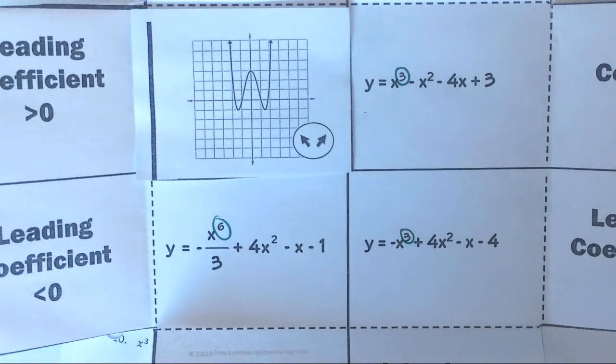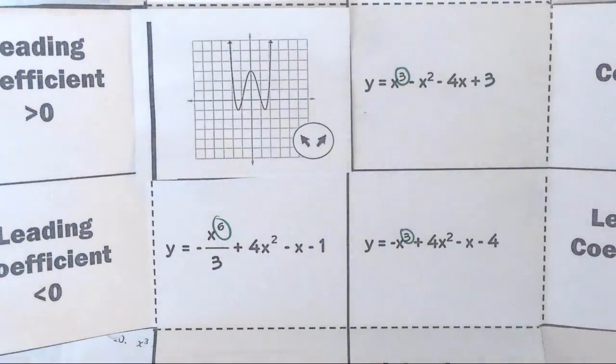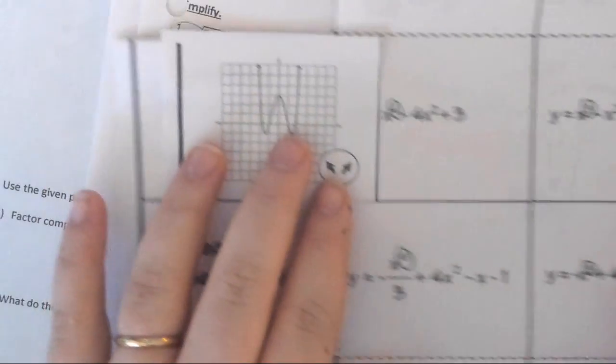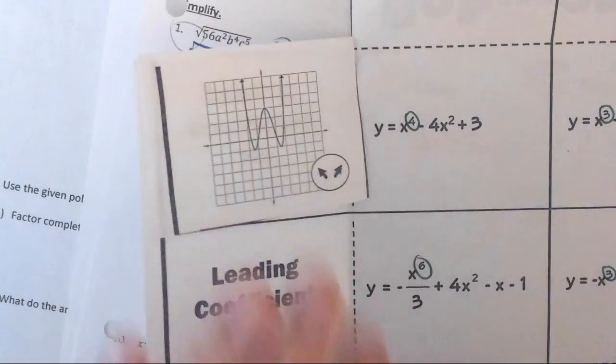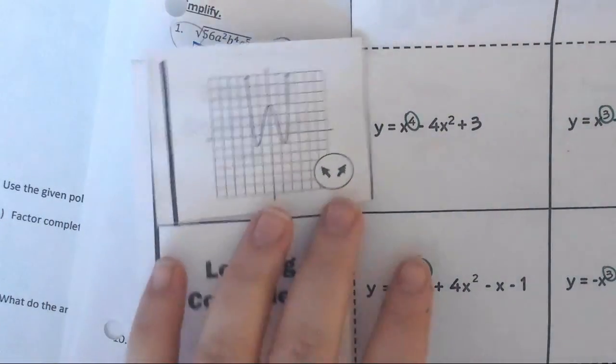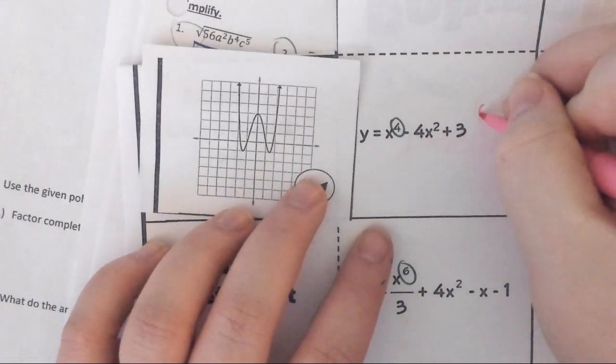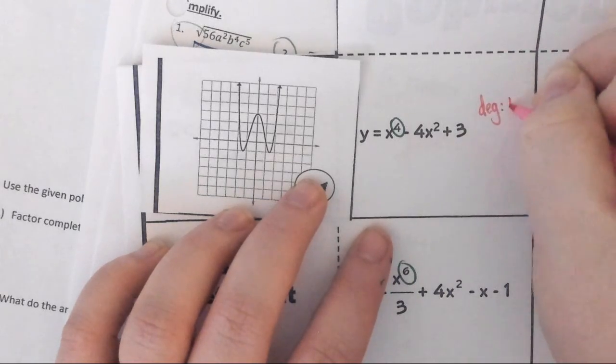Now let's talk about why and what we're supposed to learn today. We're going to tape them. I'm going to give you tape, and we're going to tape them at the end of class. For now, I want to actually see the graph and my equation at the same time. Okay, so you and I noticed the degree was 4. Lately, we've been making a list.